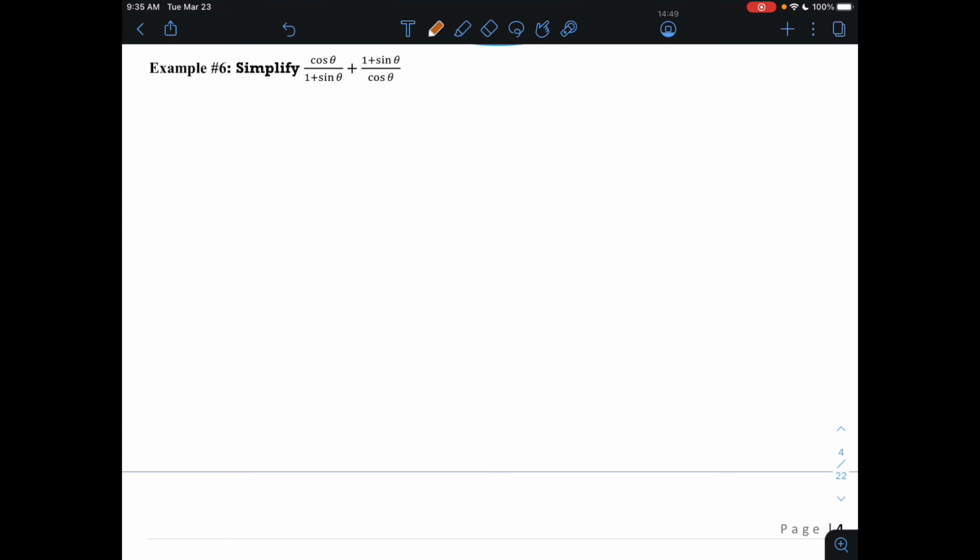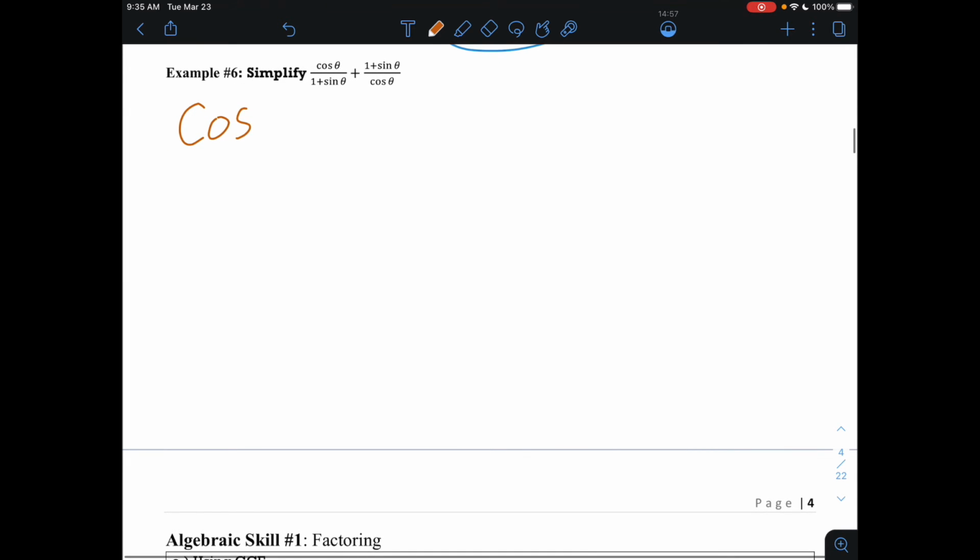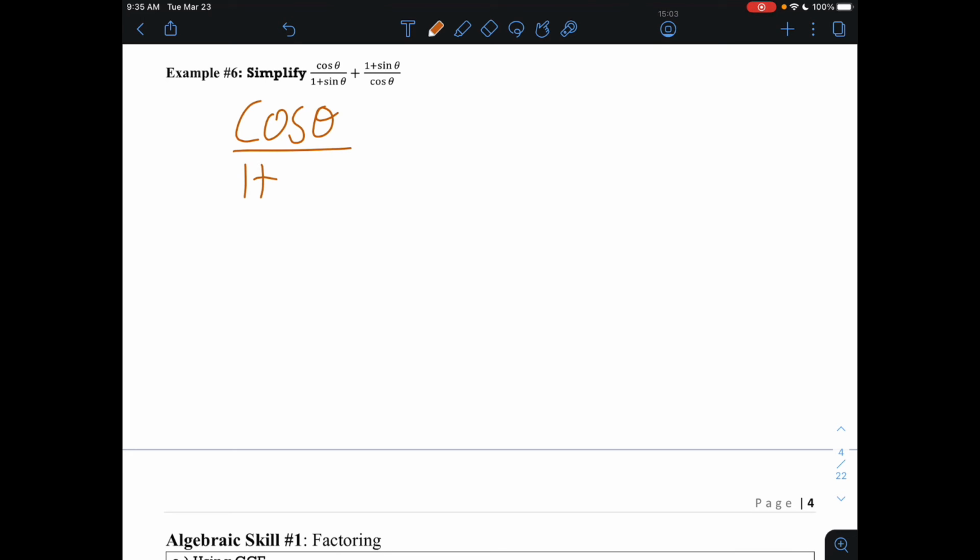So what we can do is we can get it so that we have a common denominator. So 1 plus sine plus 1 plus sine over cosine.